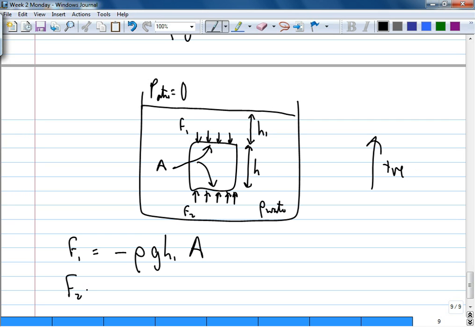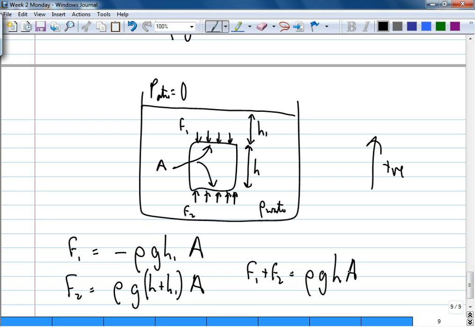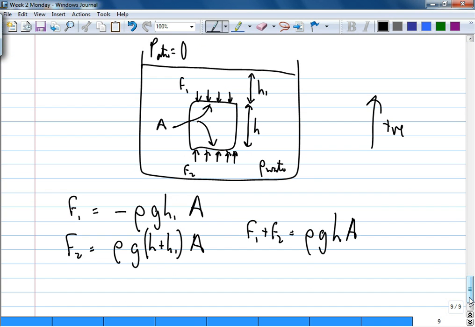Force F2 is equal to rho G (H plus H1) times A. Now the net force, F1 plus F2, is equal to this one plus this one, rho G H A. Correct or not?